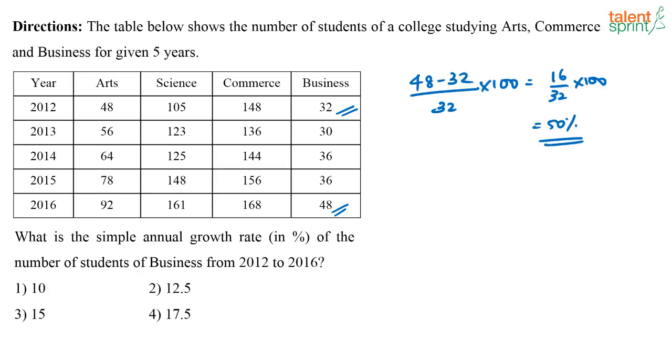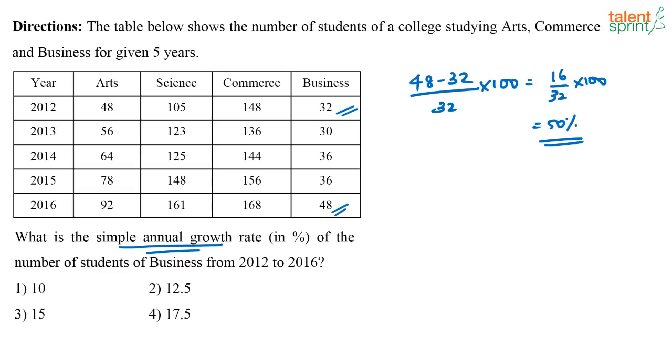Now see, read this question correctly. What are they saying? What is the simple annual growth rate? Now this growth rate that I have calculated is for this full period. See, from 2012 to 13, 13 to 14, 14 to 15 and 15 to 16. Over this period of 4 years, this is the growth rate, 50%.